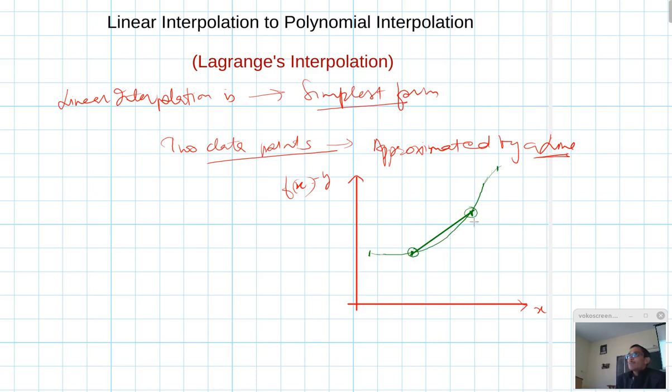So if I want to find out the value in between these two data points, then that is approximated by, and say I am interested to find out any point in between here, right?